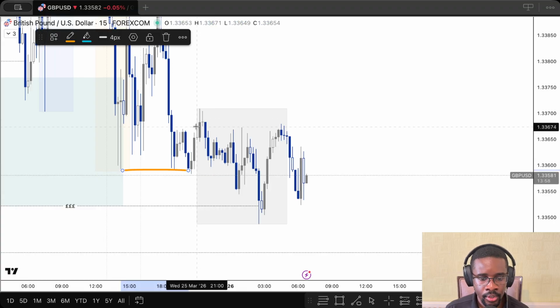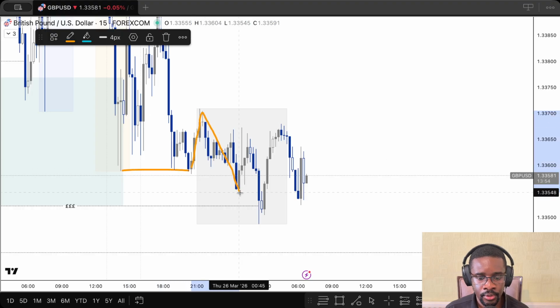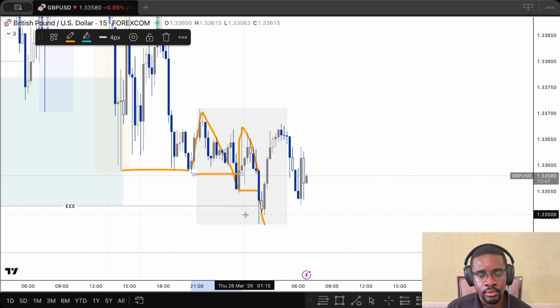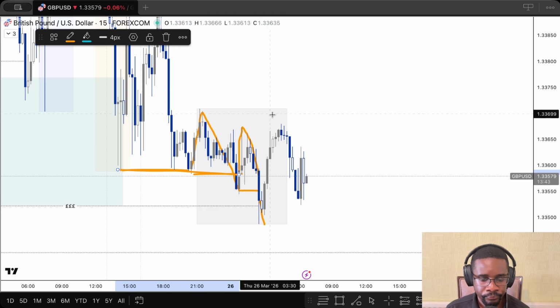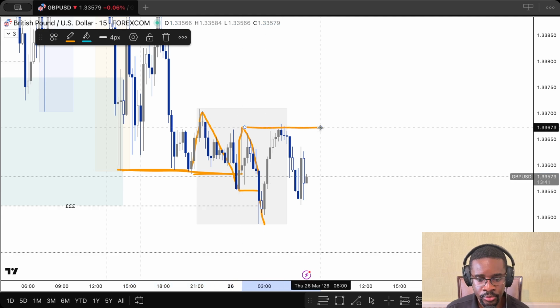So we had a break, and then price came up, and then we've had another break, price made a lower low, we've had a break. So you could look at this as one break, and then now we're at the top.